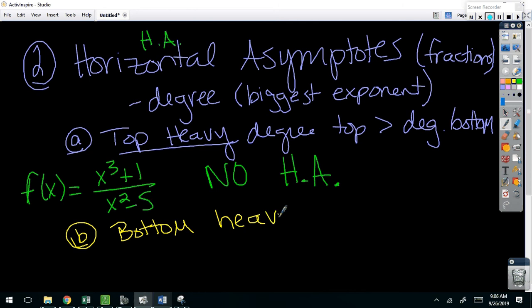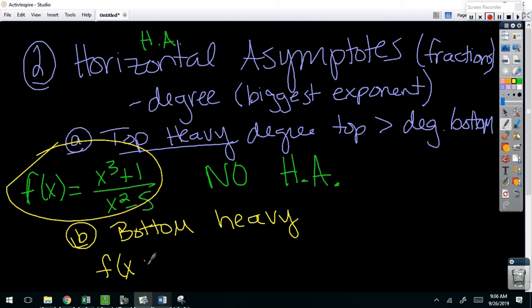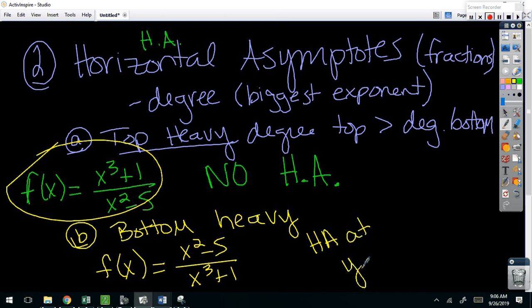So if this f of x was flipped around, so if it was x squared minus 5 over x cubed plus 1, if that happens, then you have a horizontal asymptote at y equals 0. In other words, on the x-axis all the way across is a horizontal asymptote.